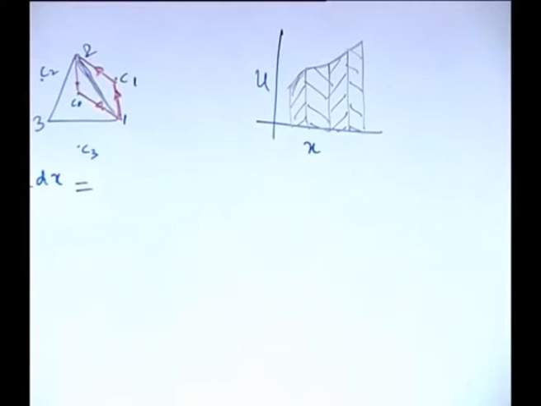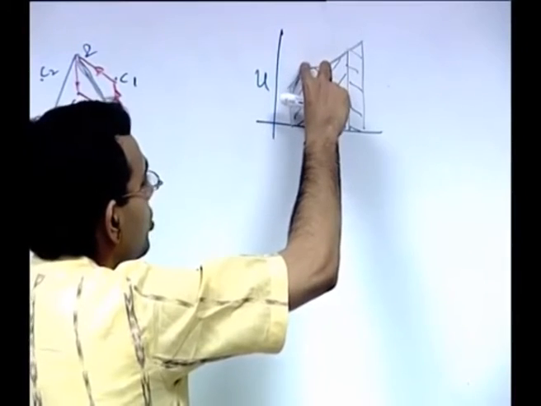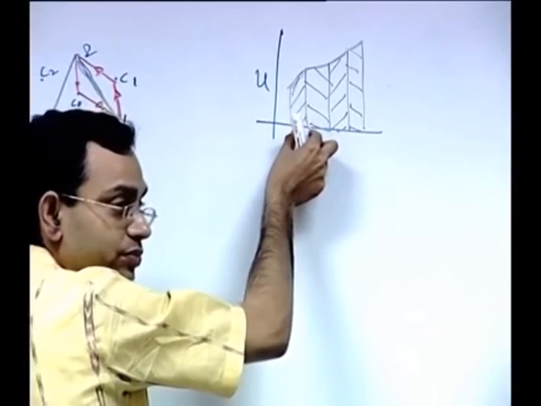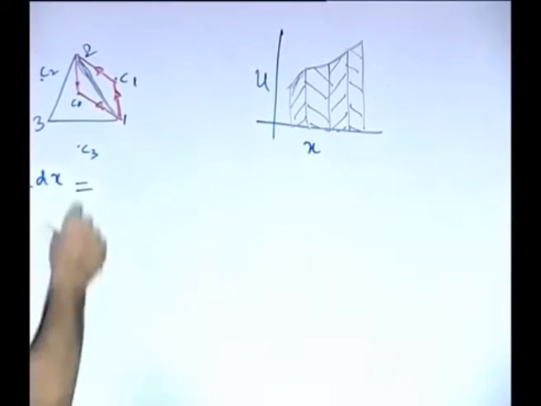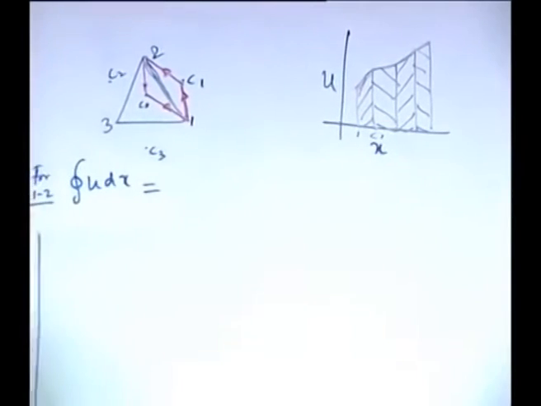Area of each trapezium is half of sum of the u's into the x difference between the two. So here, let us say this point is 1, this point is C1.